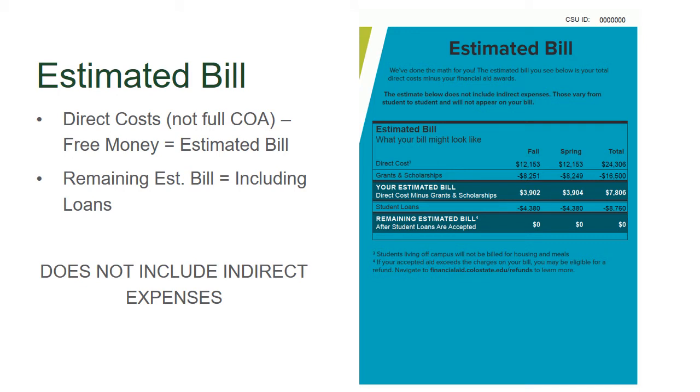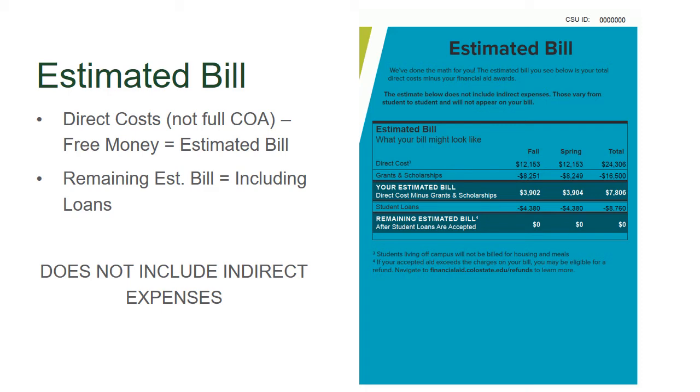Now the final section is the estimated bill, with the financial aid, direct expenses and indirect expenses put together. Okay, so we're going to highlight the first section, which is the grants and scholarships. We're going to subtract that information, and then there we have the option, if the student wanted to pursue loans, of what that would look like for the remaining bill.